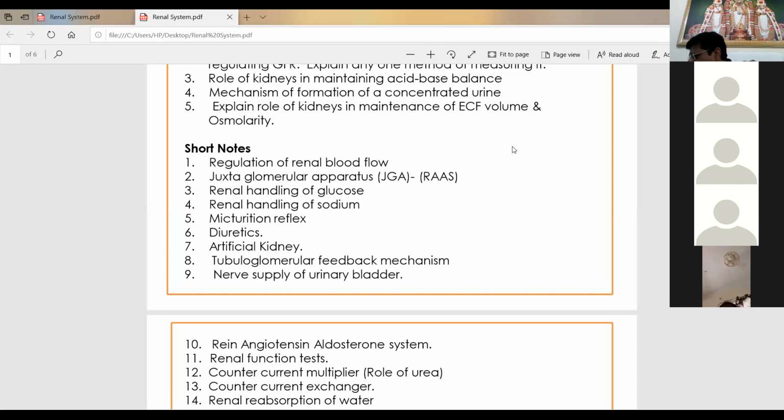A constant percentage of the GFR is reabsorbed in the proximal convoluted tubule. 65% of whatever is filtered is reabsorbed in the proximal convoluted tubule.